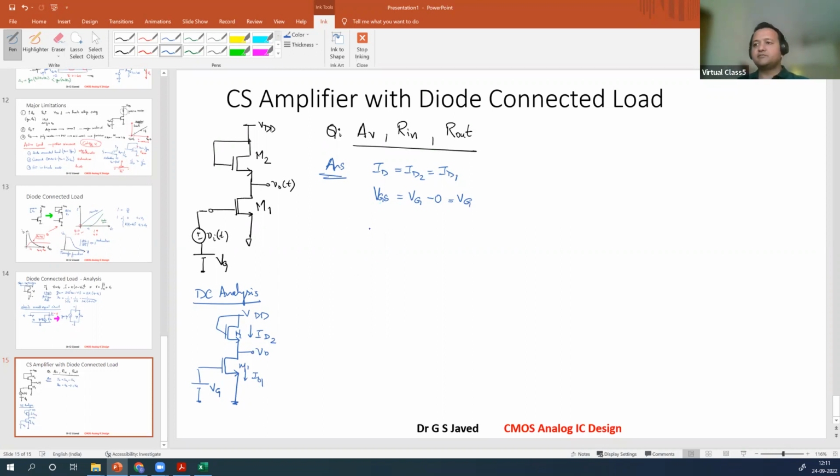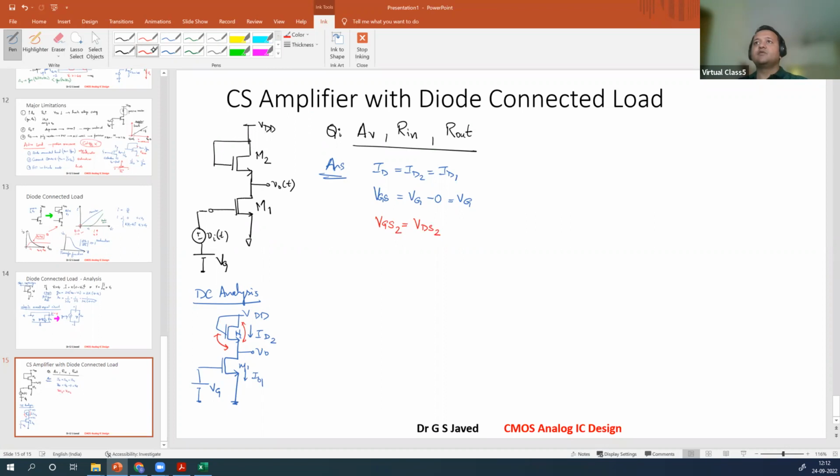What is VDS? Which VDS? This VGS is now shorted here. VGS is equal to VDS of 2. So VGS2 equal to VDS2. This is important.